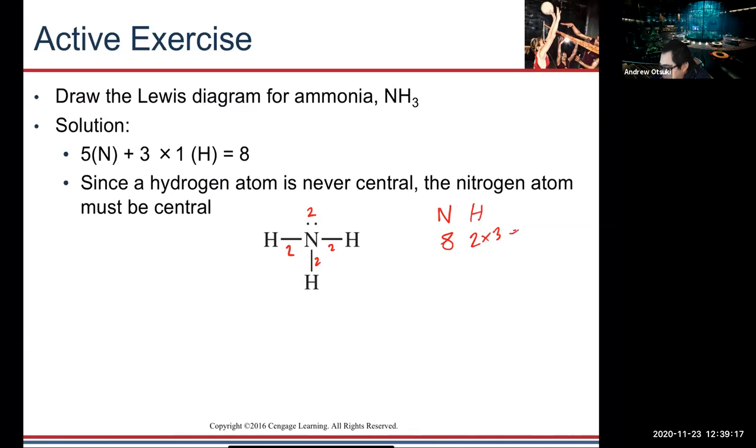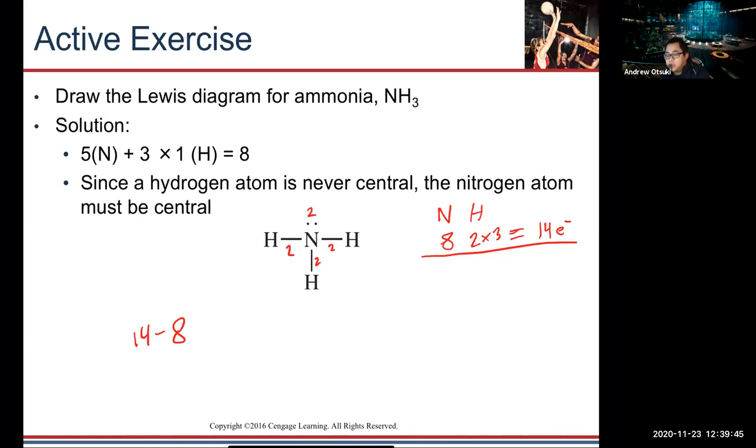So we get 14 electrons. So this is ideal. This is how many electrons nitrogen and the hydrogens want ideally in a compound.